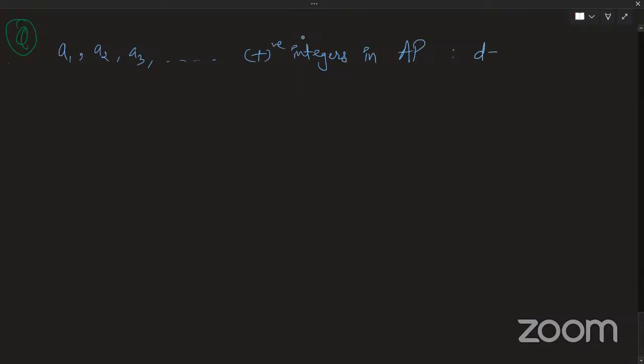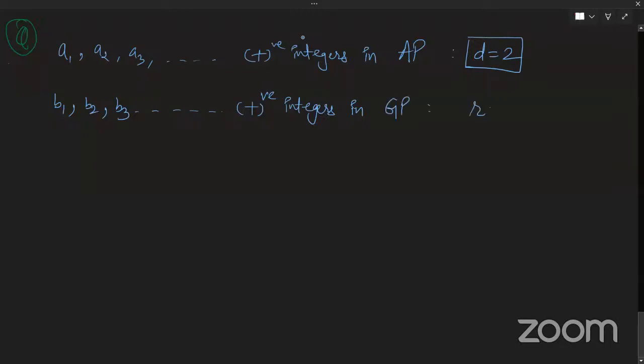And their common difference is given to you as 2. And you have B1, B2, B3, which are also a sequence of positive integers in GP. And their common ratio is 2. Everyone got the question?